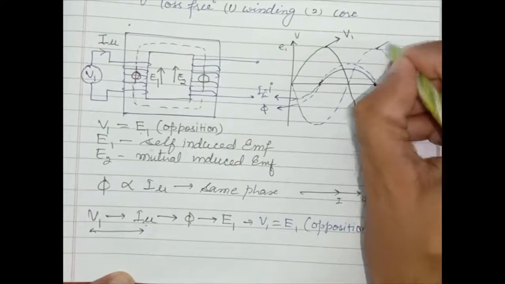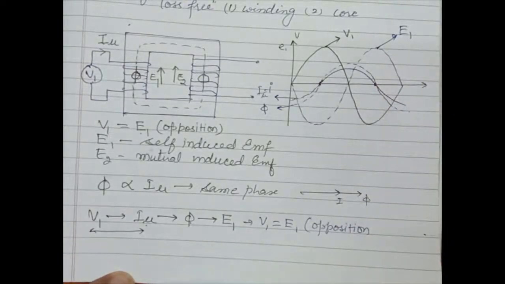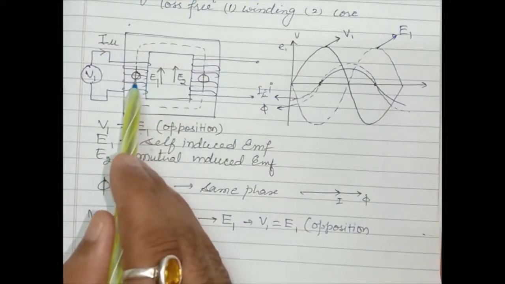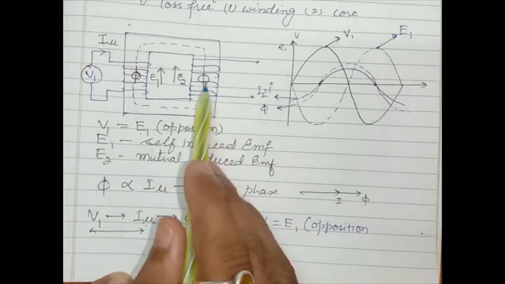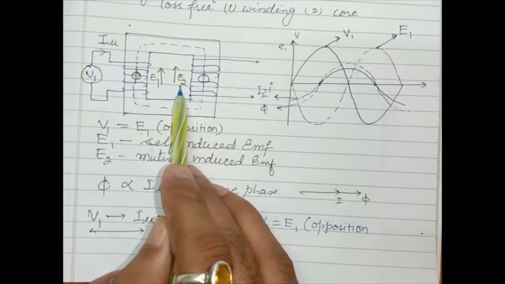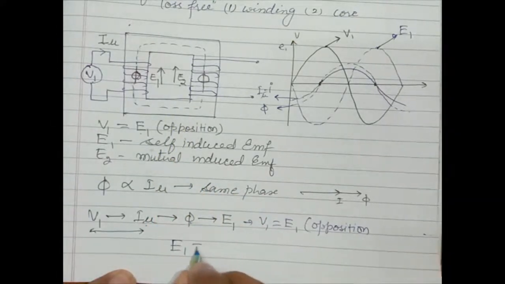So this is E1. Similarly, the flux phi is mutually coupled with the secondary winding, and there is an induced EMF E2. It means E1 is equal to E2 and both are in the same phase.